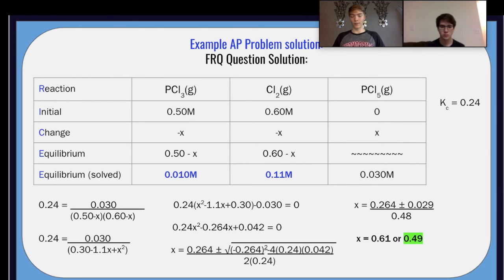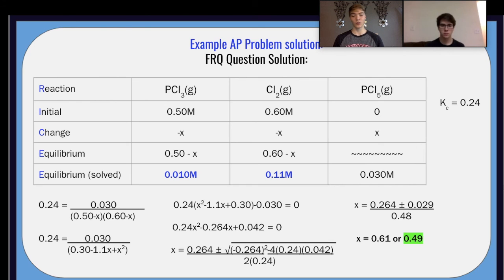Then we combine the terms in the denominator, and multiply both sides by the denominator of the fraction on the right side. So we'll get 0.24x² minus 0.264x plus 0.042 equals 0.